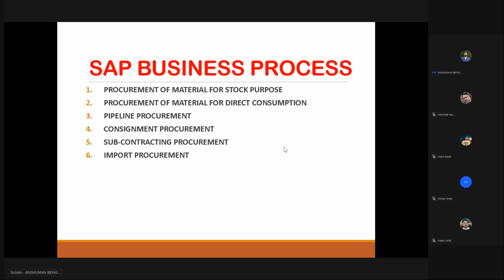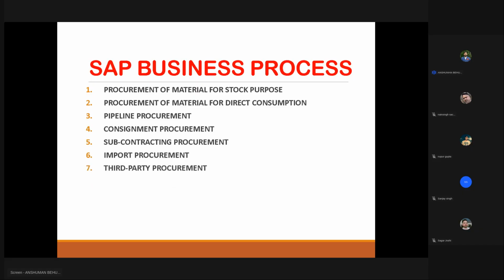So there is no configuration on the SAP MM side; it has been moved to SAP GTS.